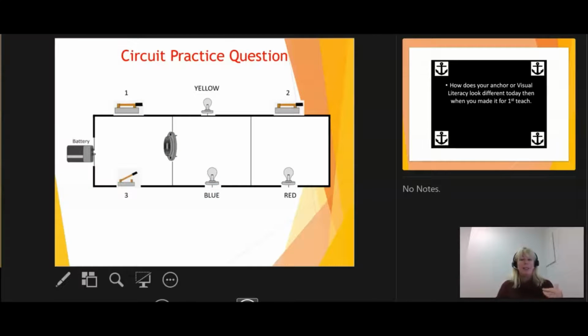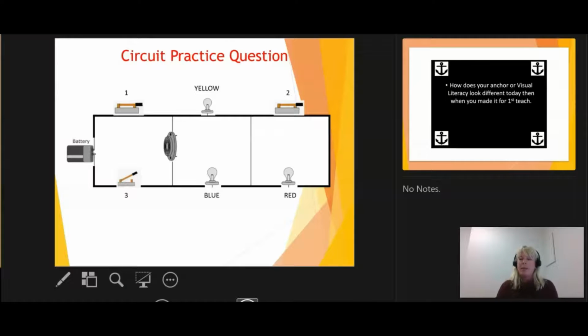I like to practice circuit questions, and I like to practice them as brain breaks. So all throughout my day, whether it's an ELA lesson, a math lesson, a social studies lesson, or during a random part of our day, we are going to have a quick circuit practice challenge. So I would just simply put these circuit questions up and then ask high-level questions and have my scholars answer them.